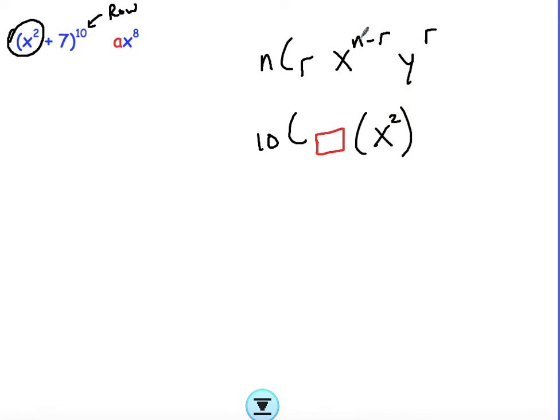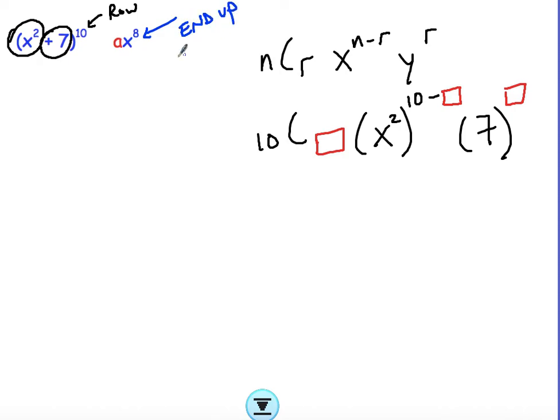And that's going to get raised to the n minus r, so that'll be to the 10 minus something. And then y in the formula is whatever the second thing listed is, which is a 7. And that will get raised to whatever this red box is, because we don't know what r is yet. But we have some clues. Here's our clue. I need to end up with an x to the 8th.